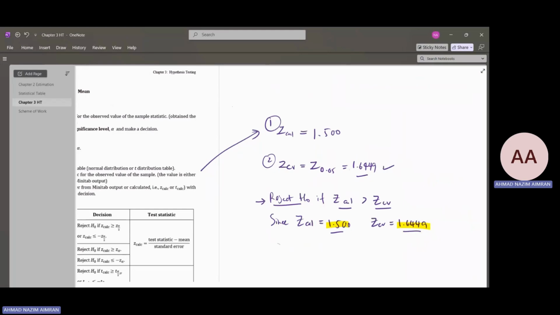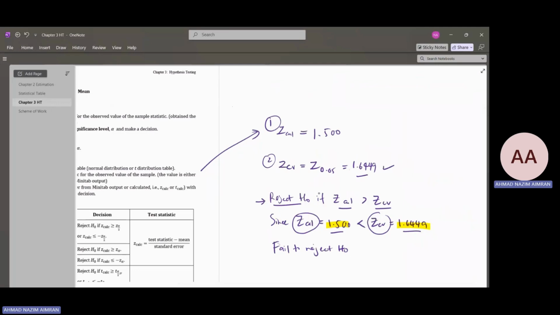Comparing these two values, we know that the Z calculated is actually less than the Z critical value. In this example, we fail to reject H null. We only reject H null if the value here is greater than the critical value. But if it is less than the critical value, then we fail to reject H null.